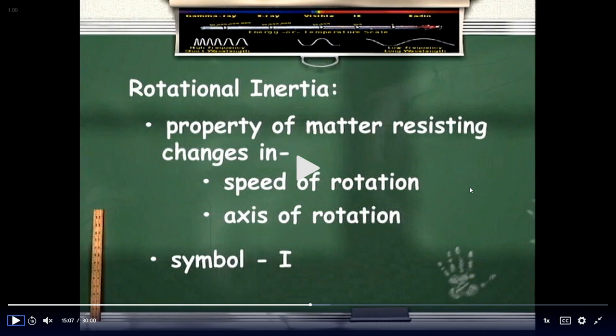Again, inertia itself is a property that resists changes in motion. So rotational inertia is a property that resists changes in rotational motion. This depends on the speed of rotation and the axis of rotation, and the symbol can be used as capital I. We're not going to be doing any math of it.